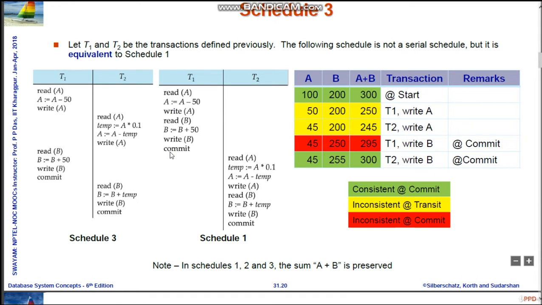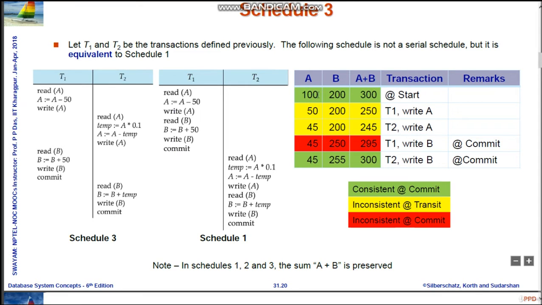Our system will go into an inconsistent state due to concurrency, but concurrency has its advantages, as I told you in the previous video. Okay guys, you can see at that time write a, the value of a is updated and b is not updated, so 100, 200, 300, it's the start state.